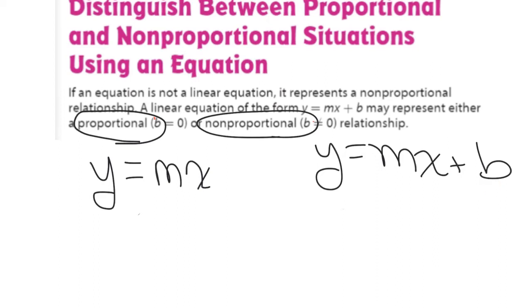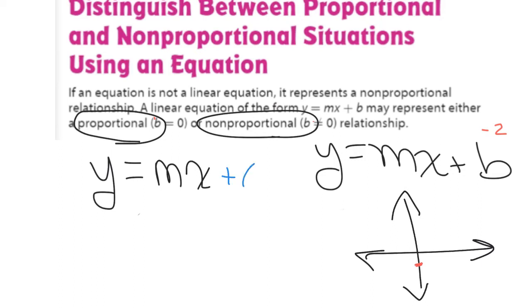That means that some place other than the origin is where your graph is going to start. So if we pretend that this is a -2, your graph is going to touch -2 here on the axis. Whereas because there's nothing added on to the end of the first one, it'll go through the origin.